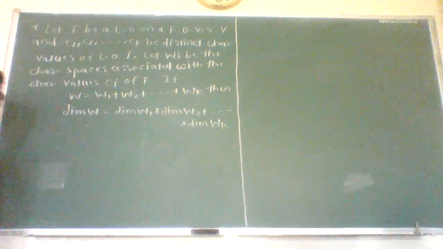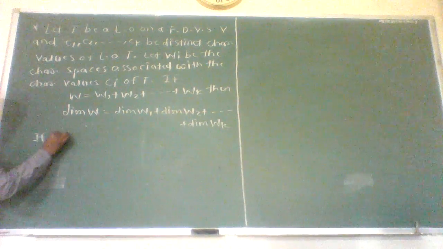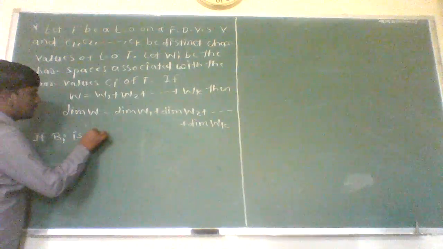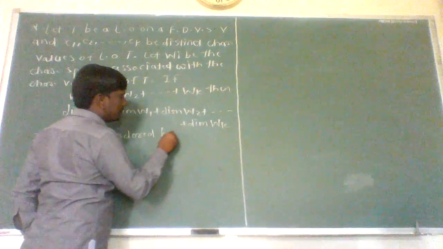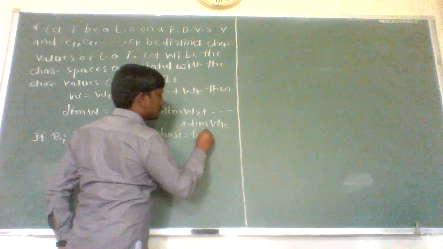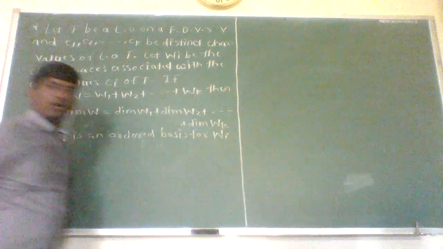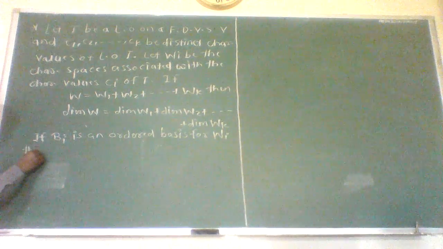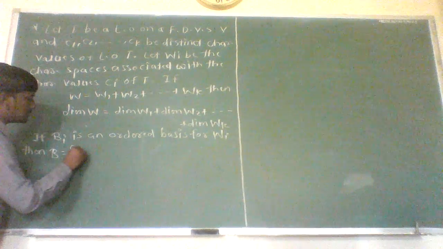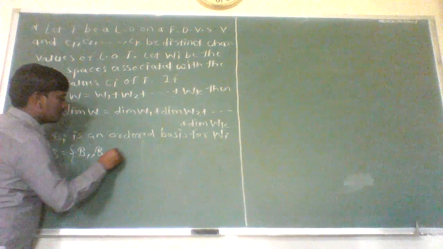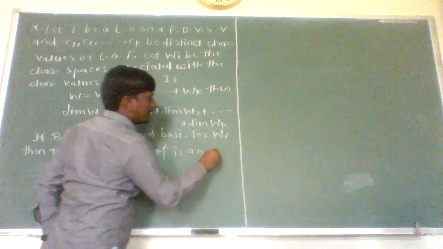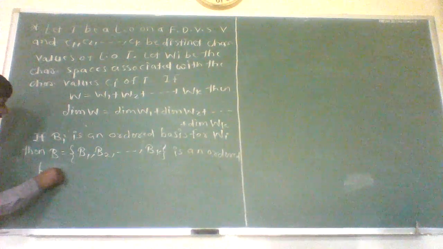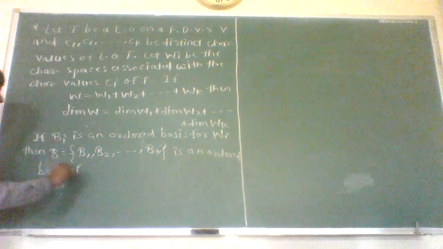Okay, and if curly Bi is an ordered basis for these characteristic spaces Wi, then curly B, which is the collection of these B1, B2 up to Bk, is an ordered basis of this W.